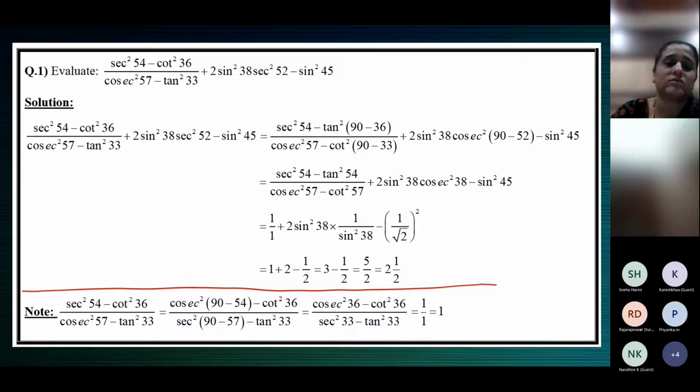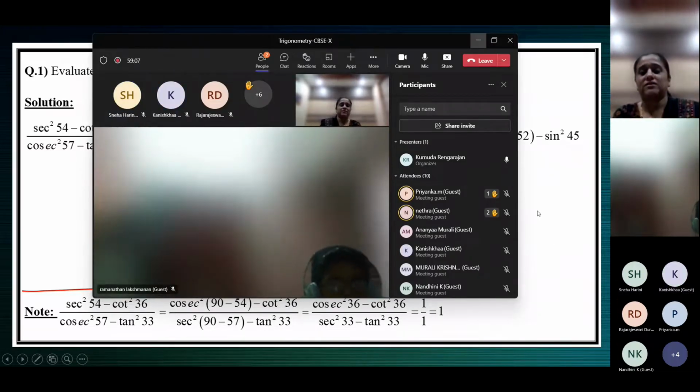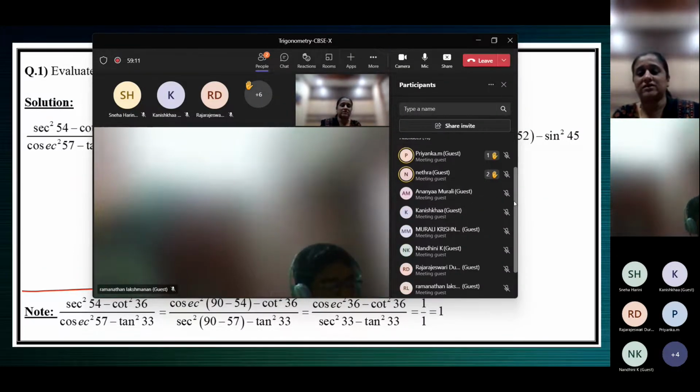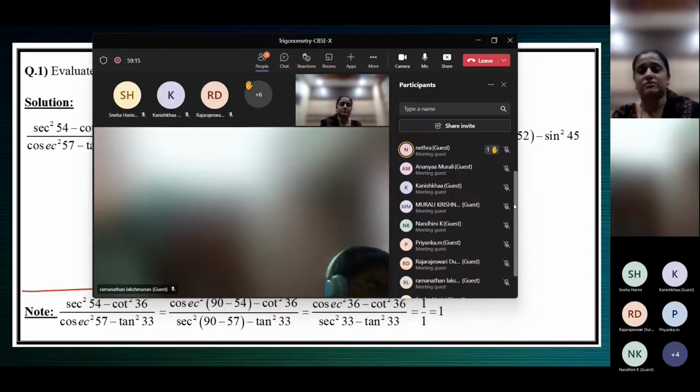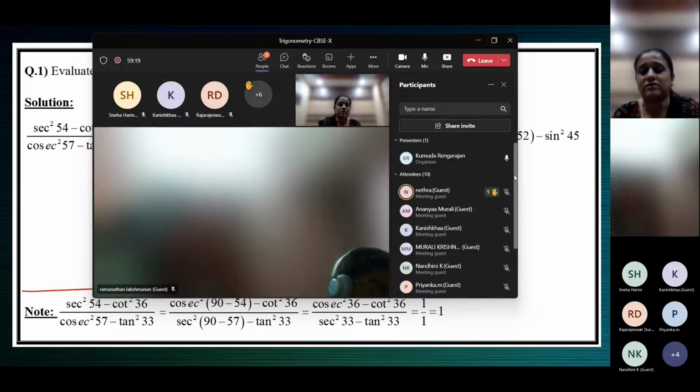One second, ma'am. Okay. No. Why is it taking this long? Yes, ma'am. Completed, ma'am. Yeah, lower your hands, class. Priyanka and Netra, lower your hands. Netra, lower your hand.